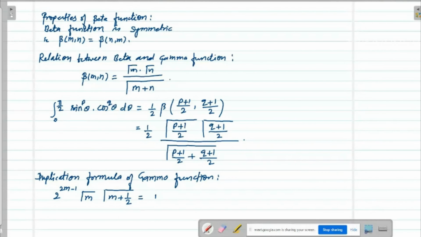This formula is very important for you, and most of your results are derived from the duplication formula of the gamma function.